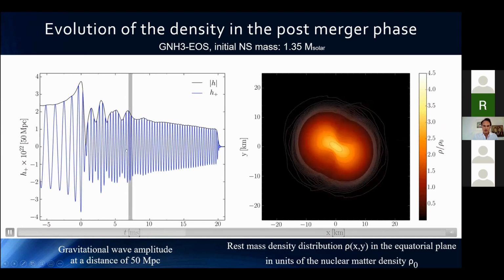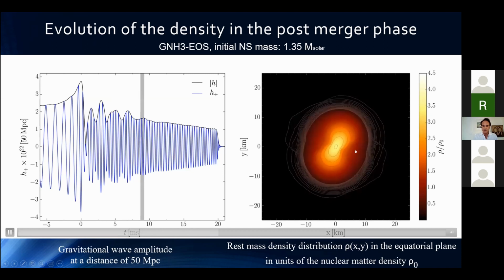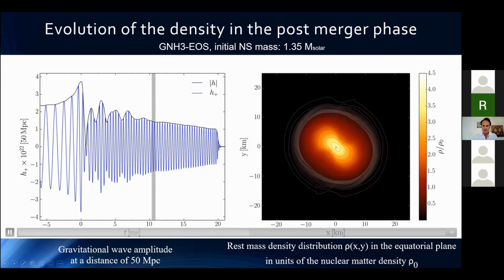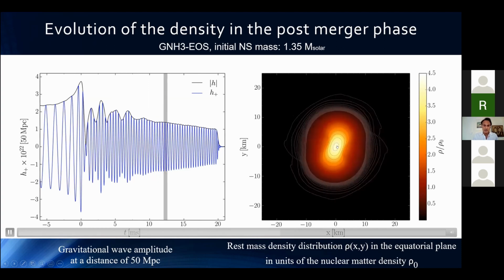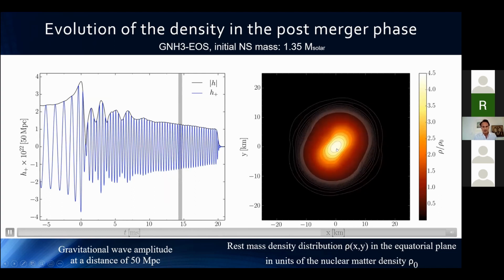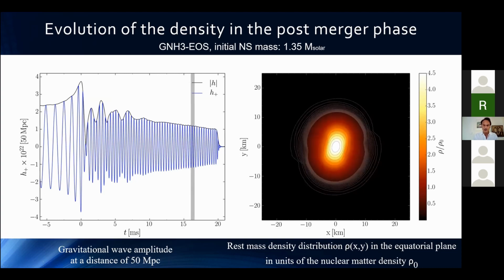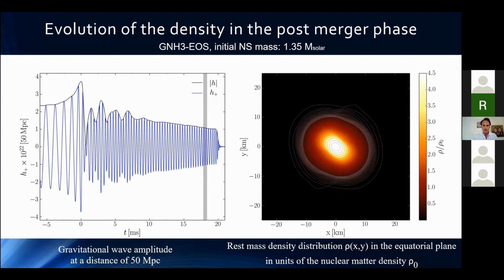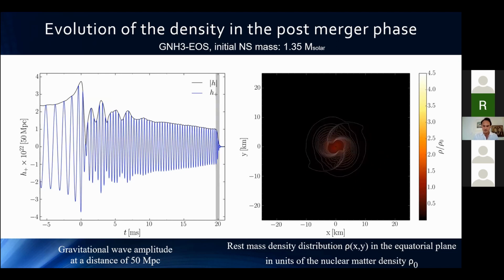As time goes on, after 10 milliseconds, the double core structure dissolves, and the maximum value of the density is then in the center and increases, and finally gets so high that the hypermassive neutron star needs to collapse to a black hole, which we see now here. This is the ringdown phase then.